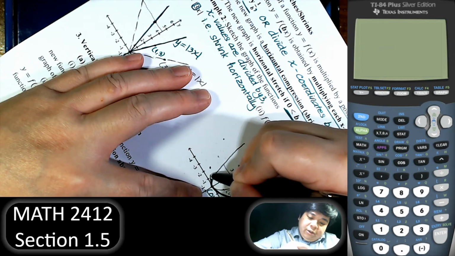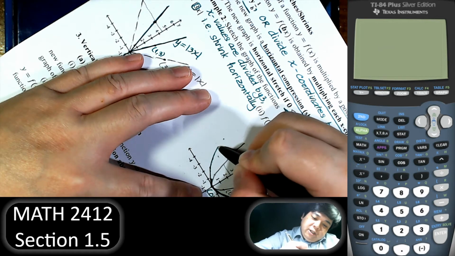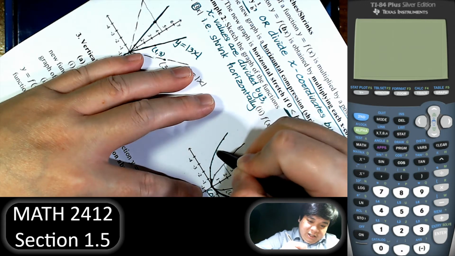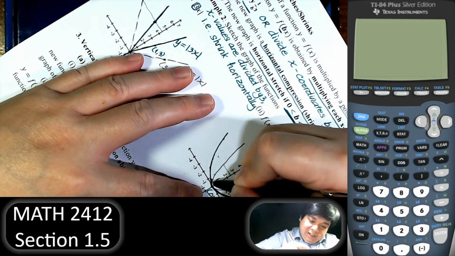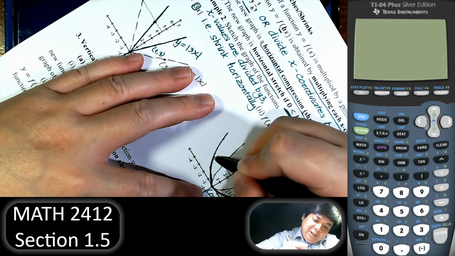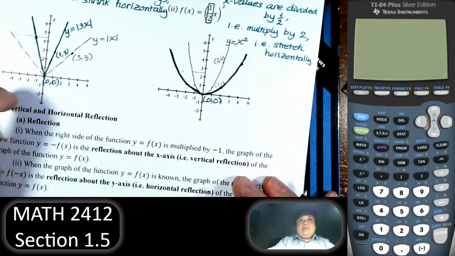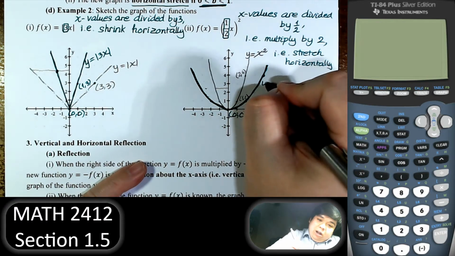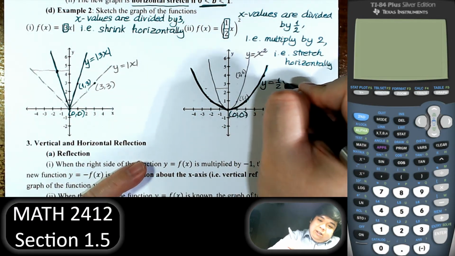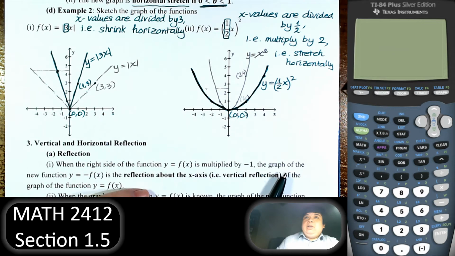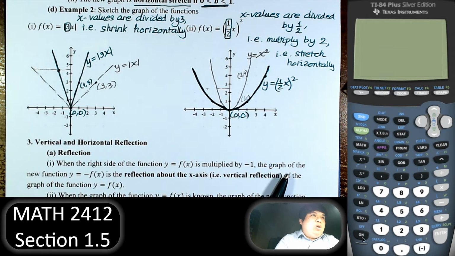And the graph is still an even function, so still symmetric on the y-axis. Right, this is y equal to 1/2 x squared. I just want to show some features of the graph.